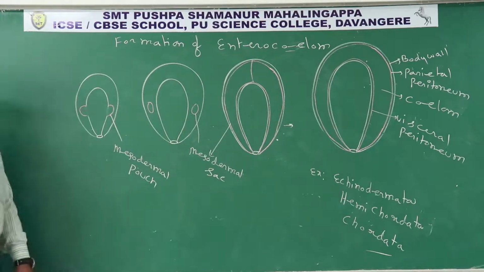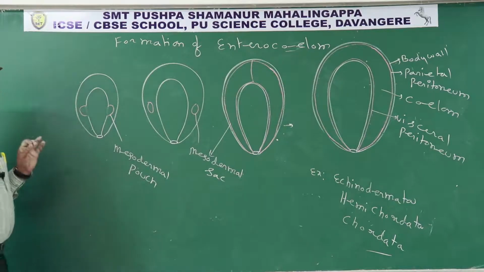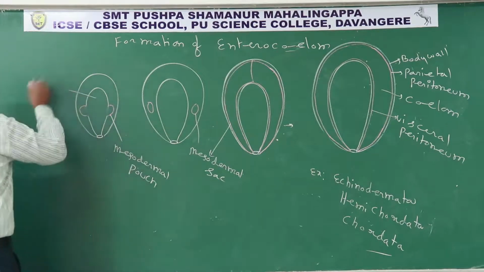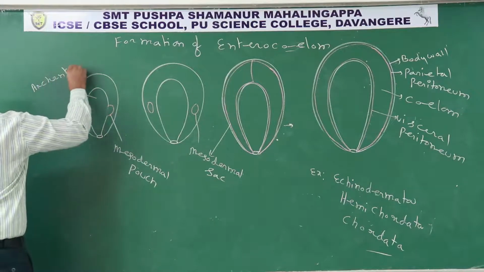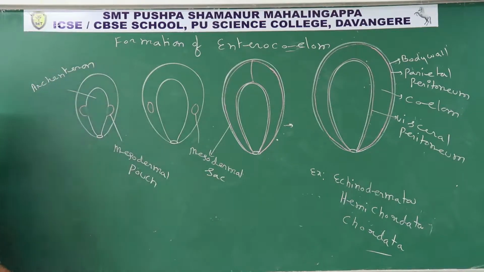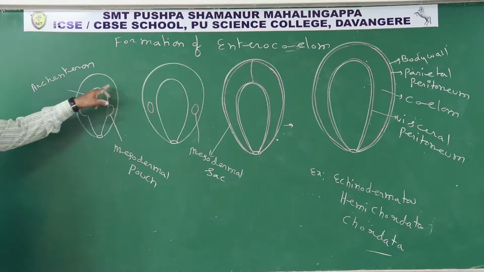Formation of enterocoelom. If coelom is formed from the archenteron, it is known as enterocoelom. What is archenteron? We already discussed in gastrula stage, the cavity present between ectoderm and endoderm is known as blastocoel.